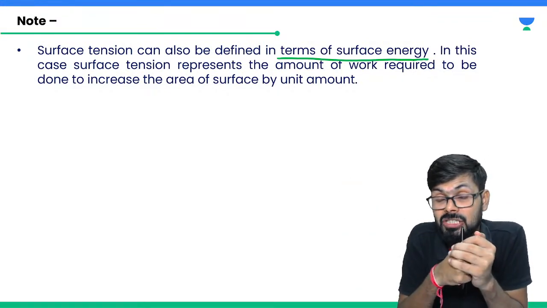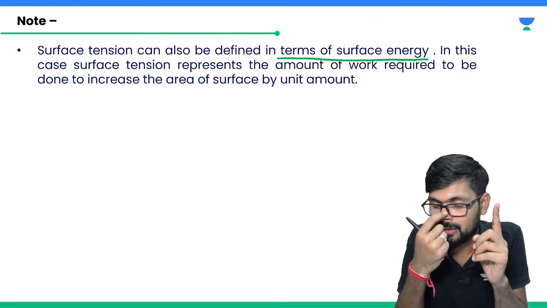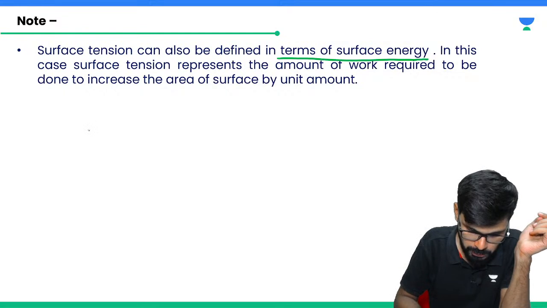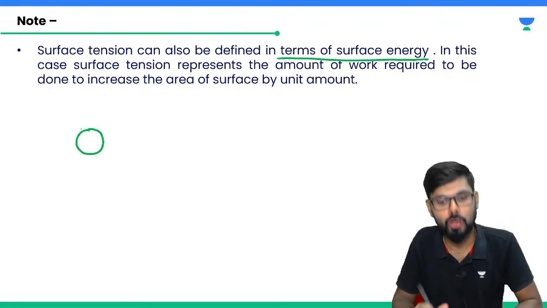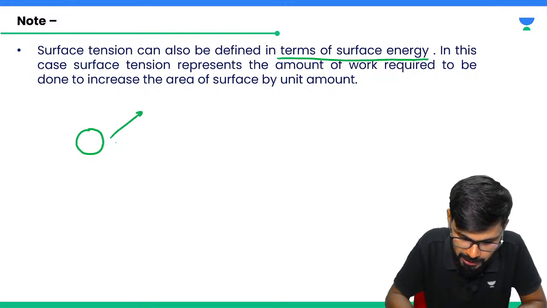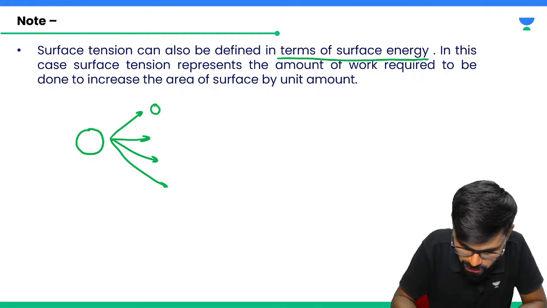Will there be any change in volume? No, volume will not change. What I'm trying to say, suppose this size of droplet is there. Now I'm breaking it into 4 small parts, for example.